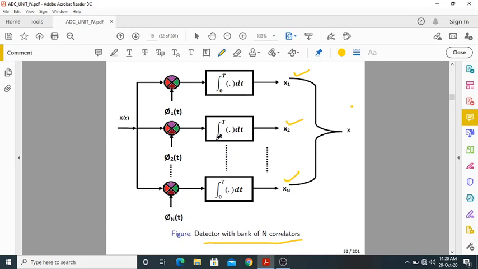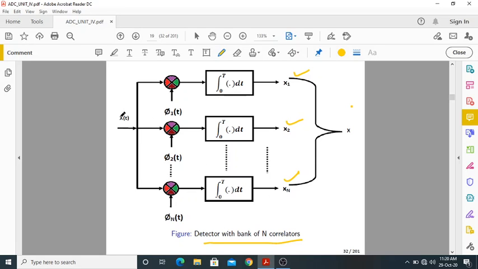So we have a bank of N such correlators. Why N? N is the number of basis functions. Here I am not talking about BPSK, I am talking about digital modulation techniques in general. If there are N basis functions, we should take N correlators.